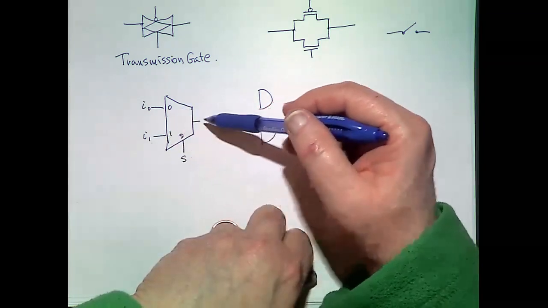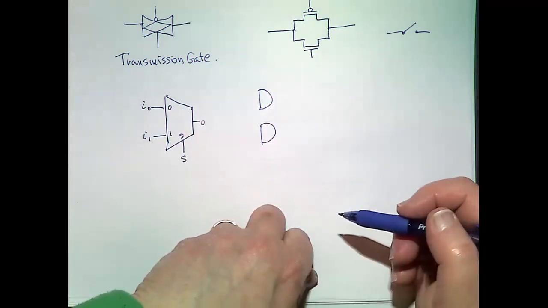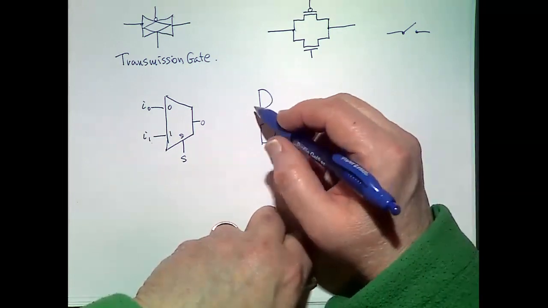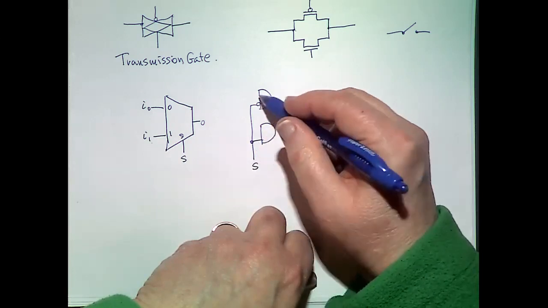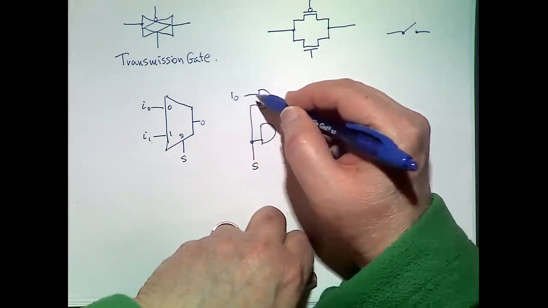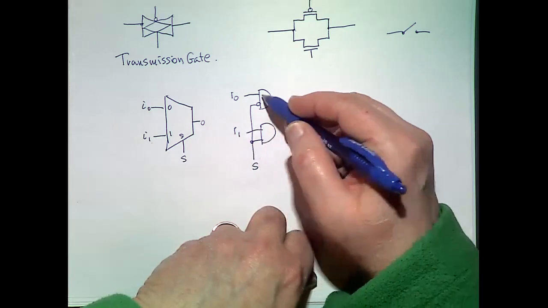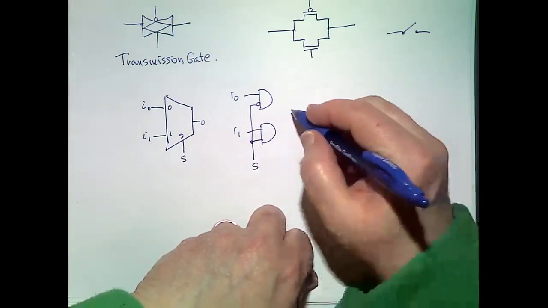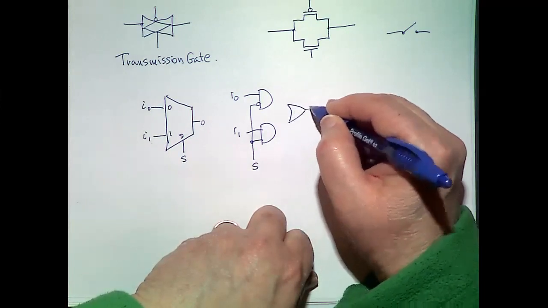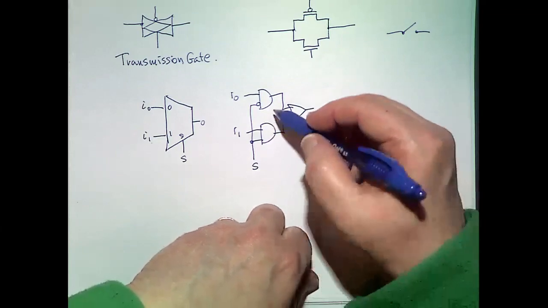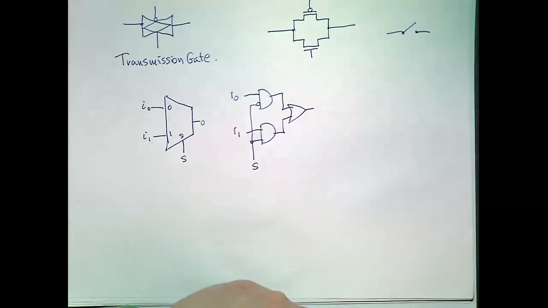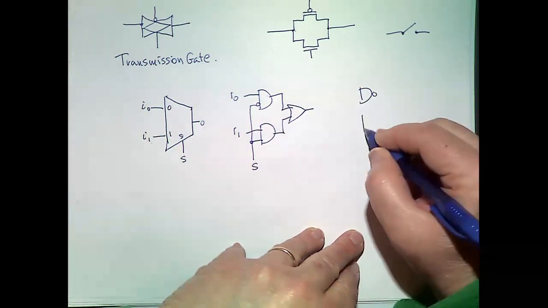I just care that the logic value be correct on the output. And so we did something like this, I think. We let S select either I0 or I1, and then only one of these will be non-zero, and then we ORed them together. And then we actually made this a little better by turning these all into 3 NANDs. And so we ended up with a total of 12 transistors, right?